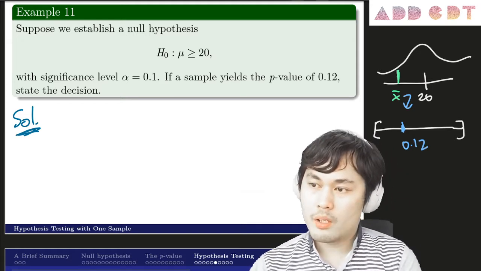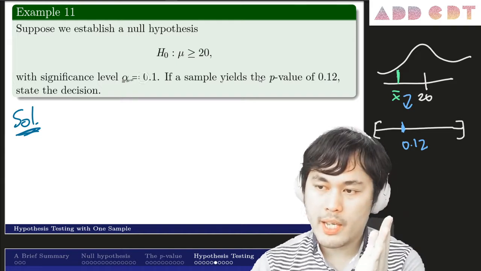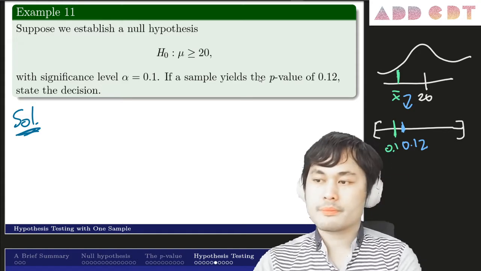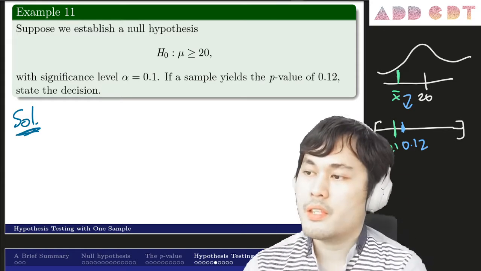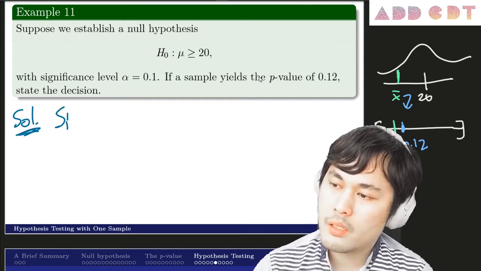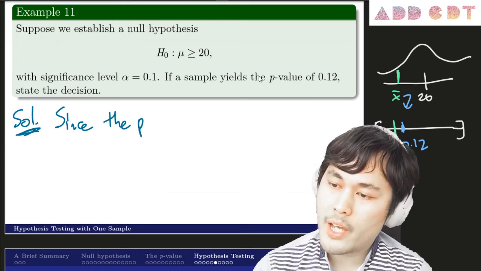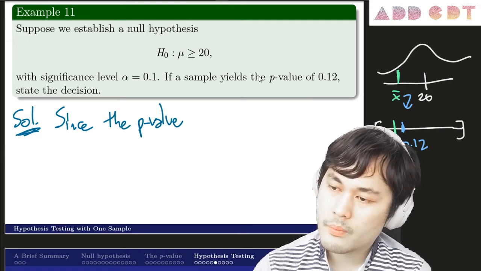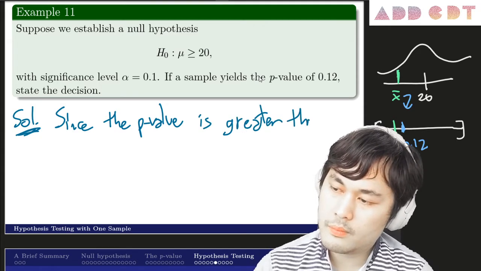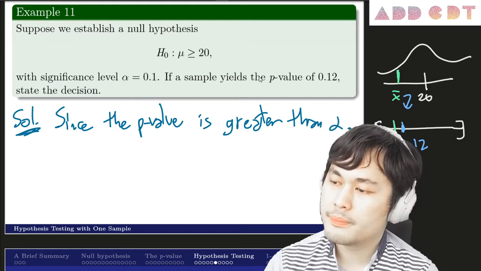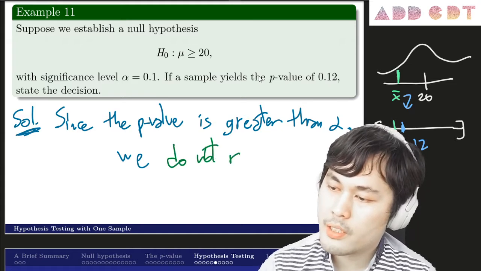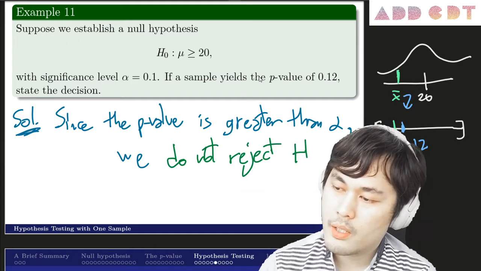So that's the p-value now. And where is our gate? We set a gate at alpha equals 0.1. So that's the gate, 0.1. So you can see that this case is the opposite of the previous one. So we can simply say since the p-value is greater than alpha, we decide that we do not reject H null.